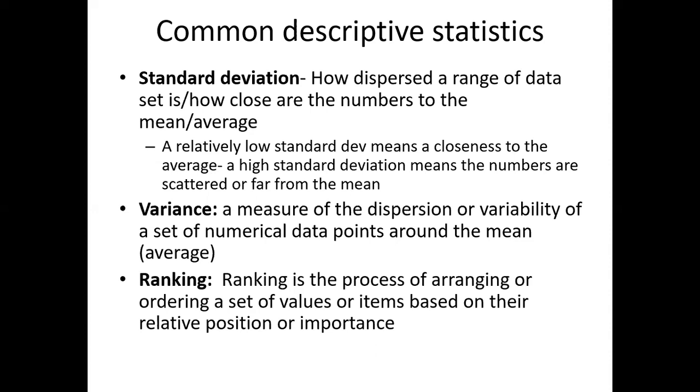Okay. So a relatively low standard deviation means a closeness to the average. And a high standard deviation means the numbers are scattered or far off from the mean. Then there is what we call the variance. And this is the measure of the dispersion or the variability of a set of numerical data points around the mean.